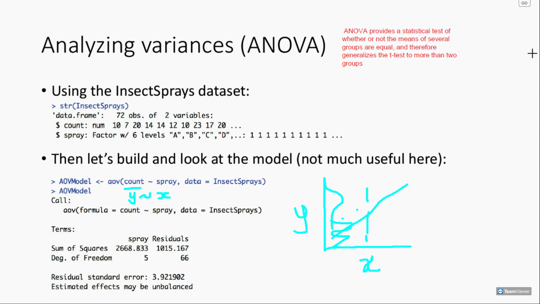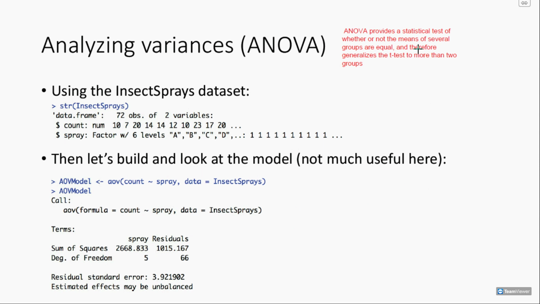You don't have to really know the mathematical details of how analysis of variance is done, but just remember that analysis of variance is a means of testing different groups and whether their means are equal or not. And what we are testing in this example is whether the mean number of bugs present after using a spray is the same, similar, or different between these 6 sprays.